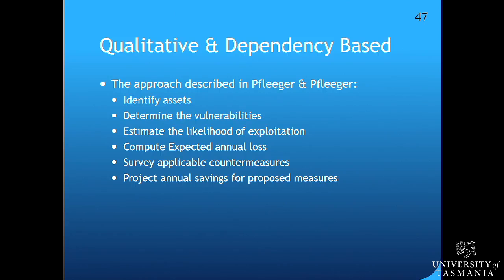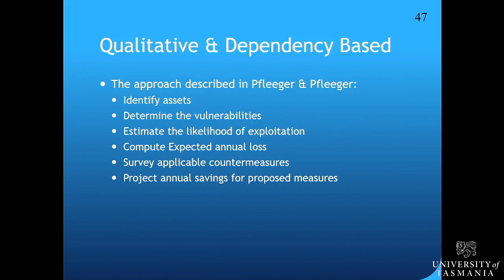Another one is from Pfleeger and Pfleeger, which is from a textbook I used to use in another course. The library has multiple copies of this book. Security in Computing is what it's called. First, identify the assets, determine the vulnerabilities, do the likelihood. So we've got threat analysis there at step 3. Compute expected annual loss.